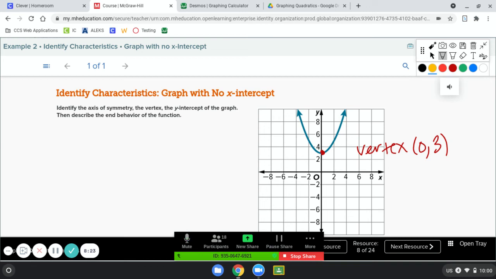The axis of symmetry goes through that point, which is x equals 0, the x value of the vertex. And then the y-intercept is where it crosses the y-axis, which is the y value of this one, since this vertex is on the y-axis. So the y-intercept is 3.